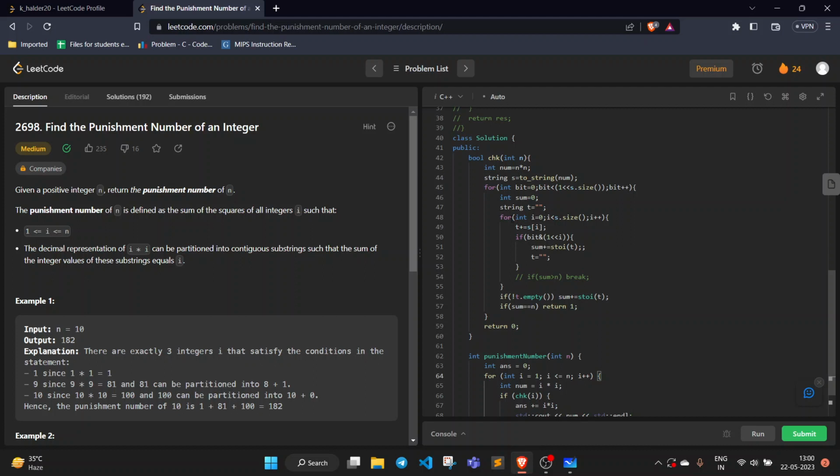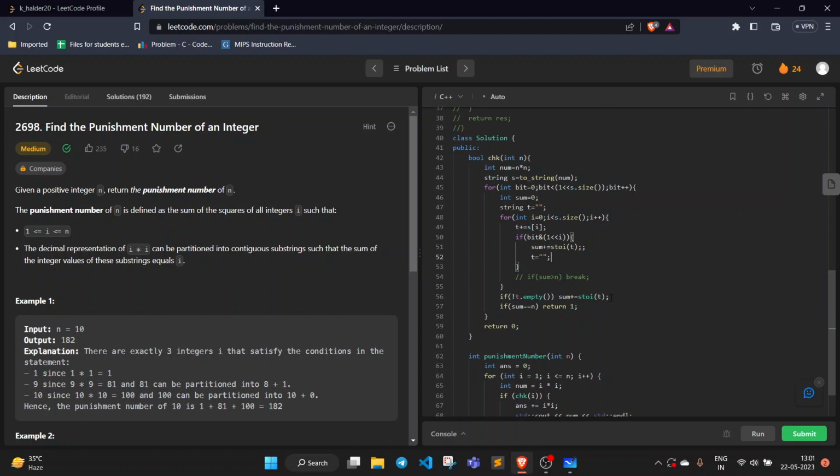So first of all we put a character in the string, and then we check if that position is set in the bit, which means there is a partition end, so we directly add that substring after converting it into an integer to the sum and make the string empty again, right?